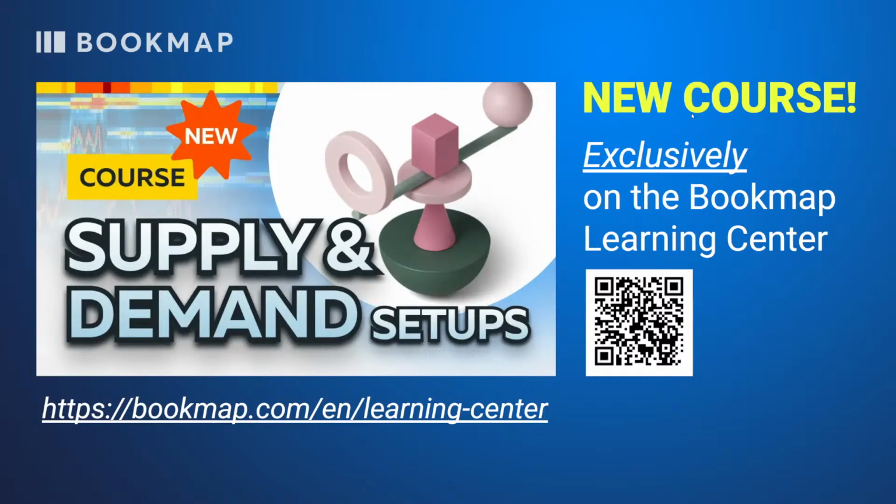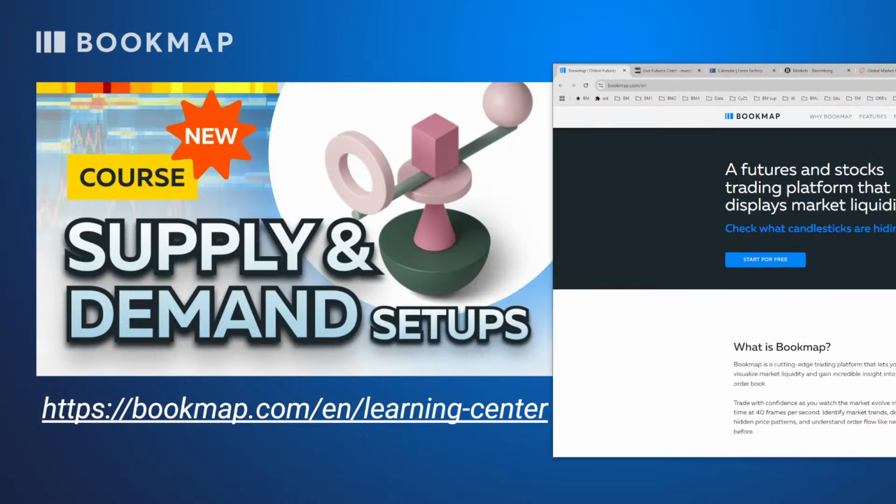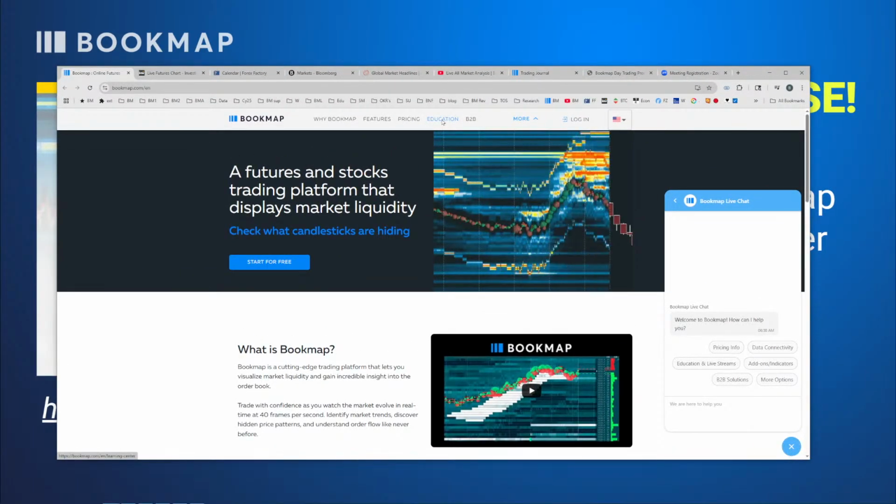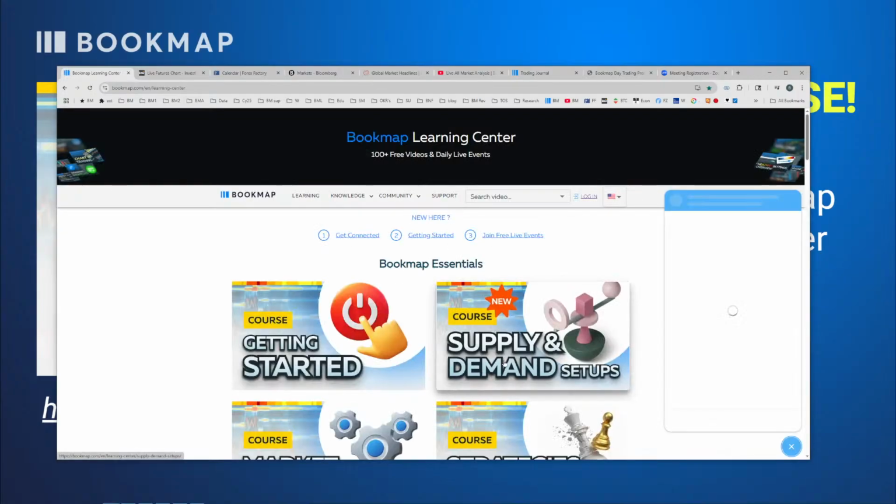Also, our new course, the Supply and Demand Setups course, on the Learning Center. It's exclusively on the Learning Center, so if you want access to it, you've got to go to bookmap.com and then click on the education link here. Once you click on that, you're in the Learning Center. Here's the new course.